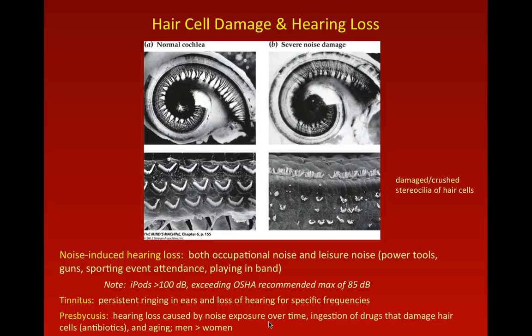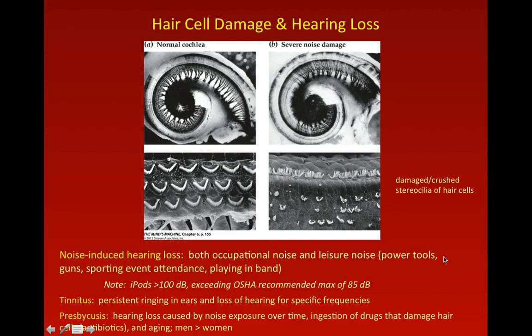We can get more severe hearing loss at much younger ages if we are exposed to continuous chronic levels of noise that are over 80 decibels. And this includes noise exposure that can come from your job, occupational noise, or from leisure.